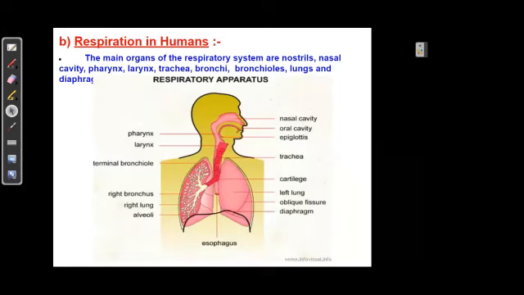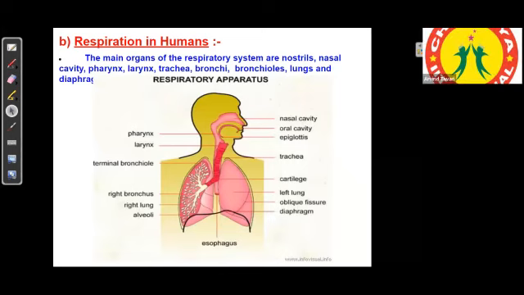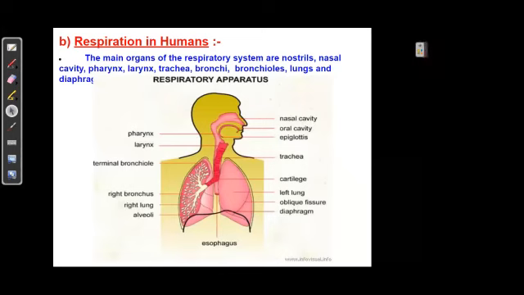This creates a low pressure inside, and the air enters into the lungs and fills the alveoli. Okay, very good answer. I hope you can write it in a systematic way. Yes, a very good and correct answer.